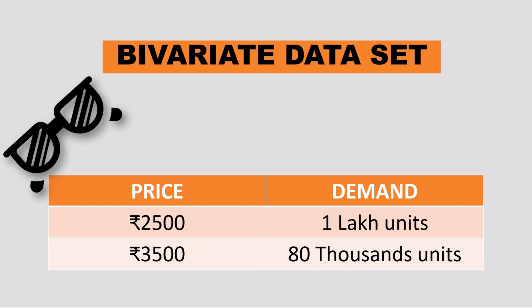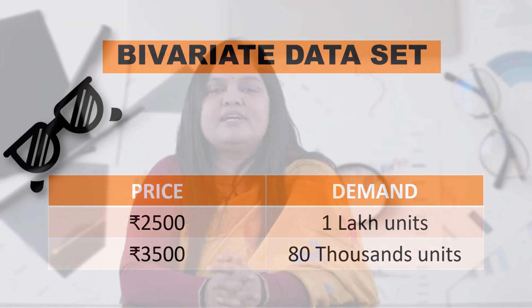So there are two sets of data points: one set is the price of this eyeglass, and the other is the quantity demanded for that particular eyeglass. This kind of data is called a bivariate data set, right? We can see some kind of relationship between these two variables.